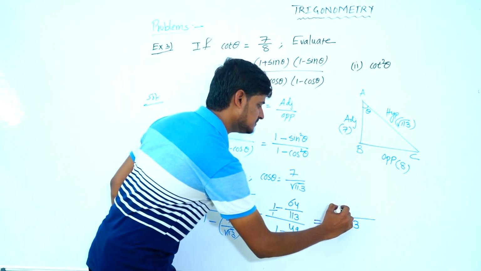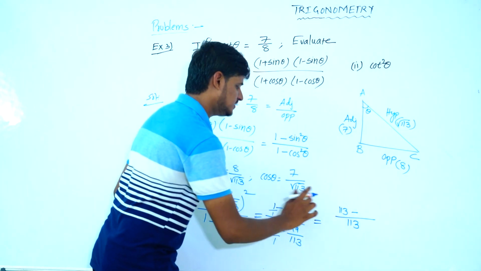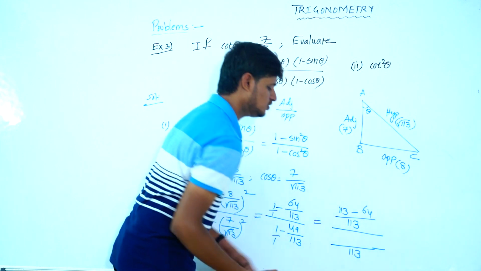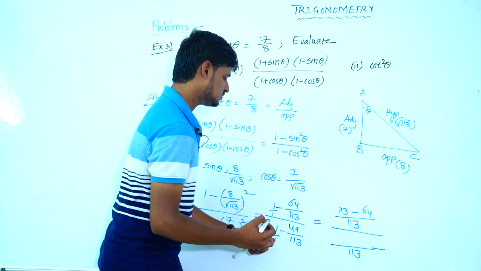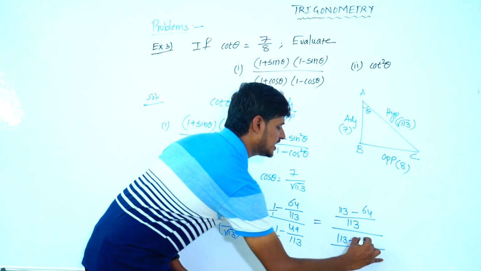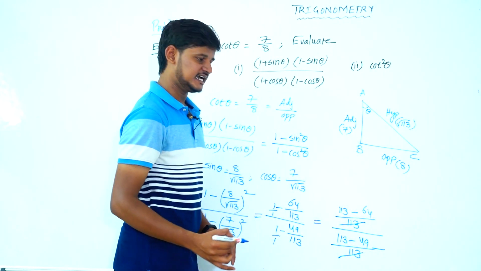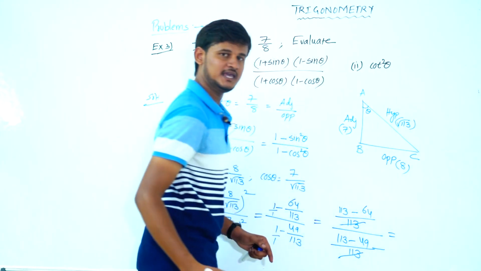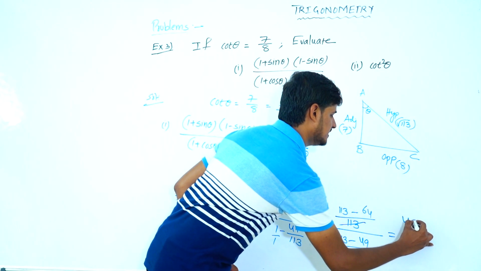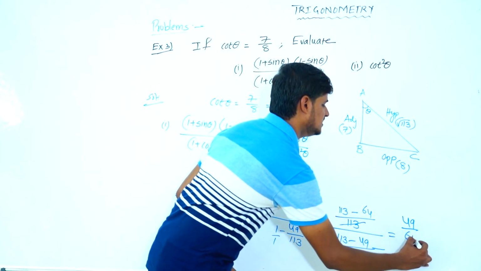It goes 113 times, 113 into 1 is 113, minus 1 times 64. Take the LCM in the denominator also, that is also 113, right? So here 113 minus 49, and 113 gets cancelled. So then this value will be equal to 113 minus 64, which is 49, by 113 minus 49, which is 64.